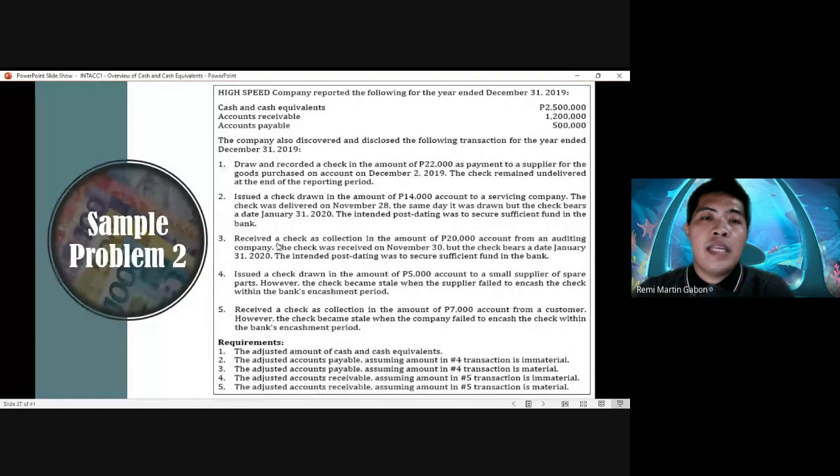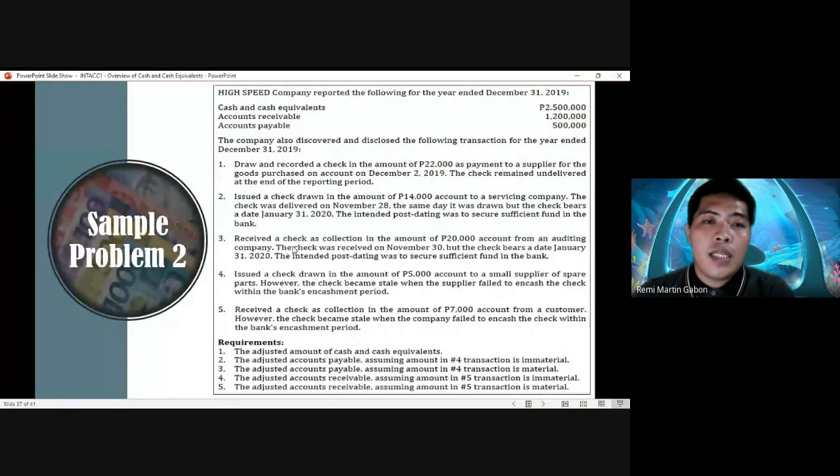Next, received a check as collection in the amount of 20,000 on account from an auditing company. The check was received on November 30, but the check bears a date of January 31, 2020. The intended post-dating, again, is to secure sufficient funds in the bank. So this time, we received a post-dated check.